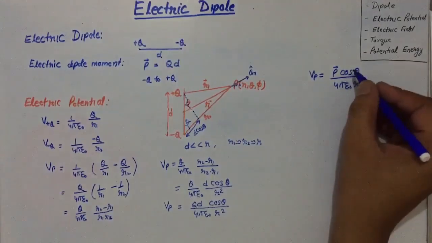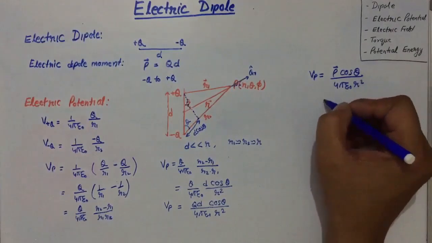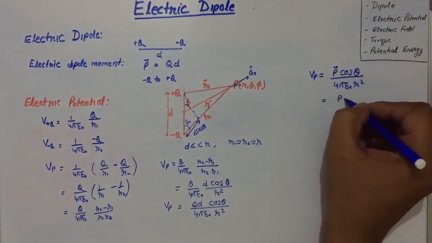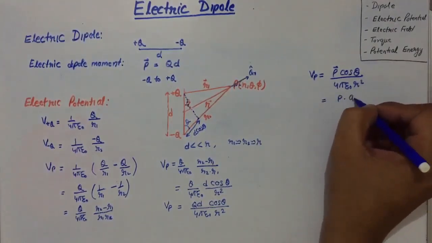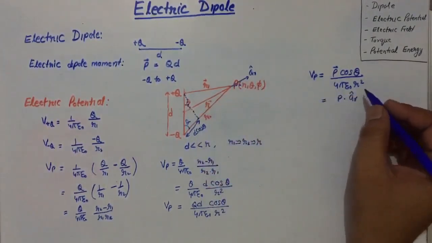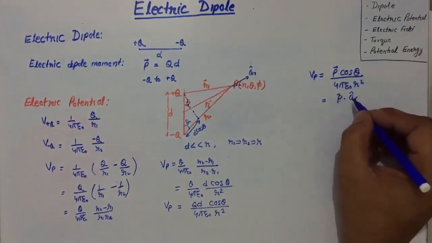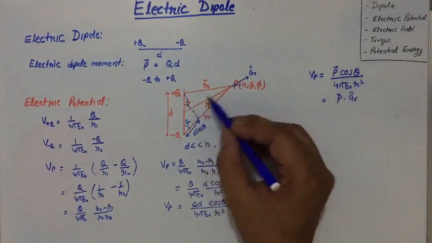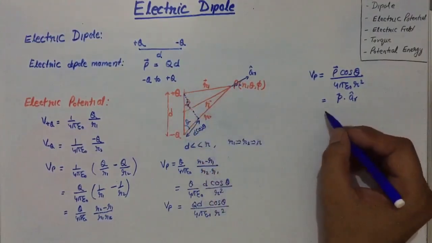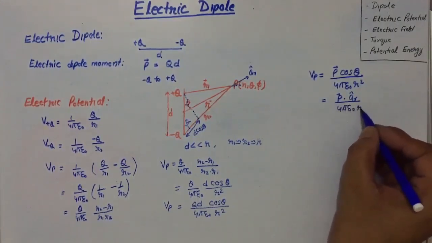And p cos theta can be further written as p dot the unit vector in the direction of the radial position vector. It can be p a cos theta, where theta is the angle between the radial vector and p, over 4 pi epsilon naught r square.